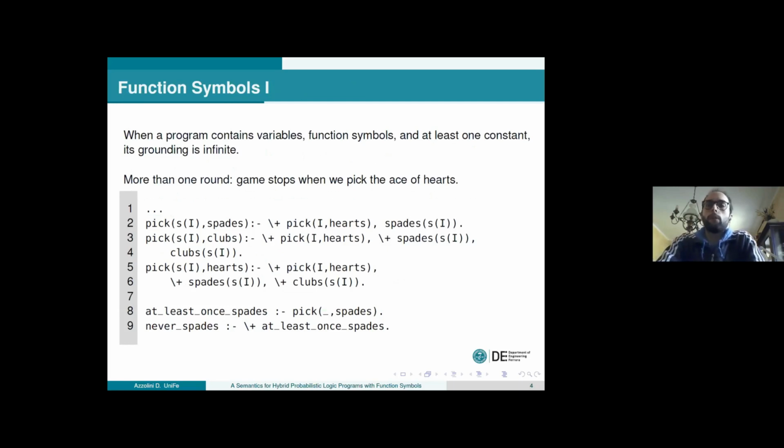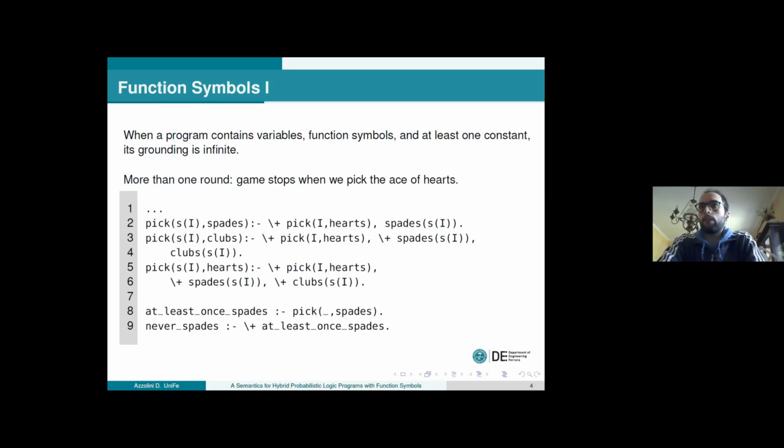However, when a program contains variables, function symbols, and at least one constant, its grounding is infinite. So suppose we extend the previous game and now consider more than one round. The game stops when the player picks the ace of hearts. So we add three more clauses for pick. For example, at line 2, we have pick S(I) spades if pick I hearts is false and spades S(I) is true.